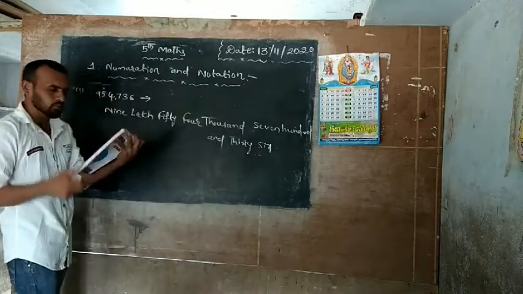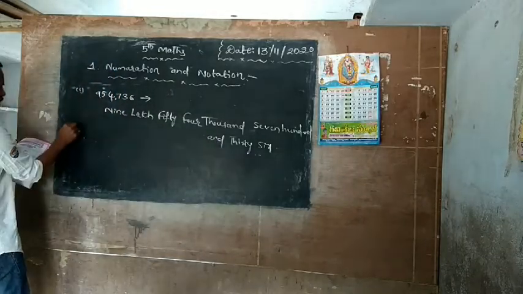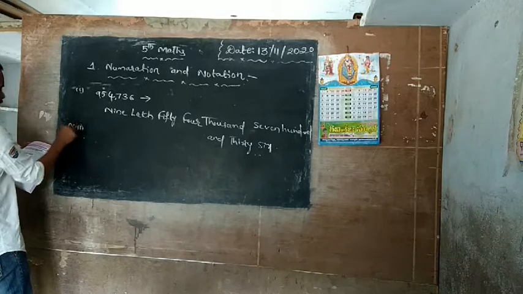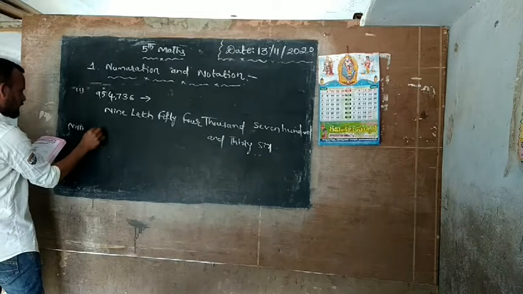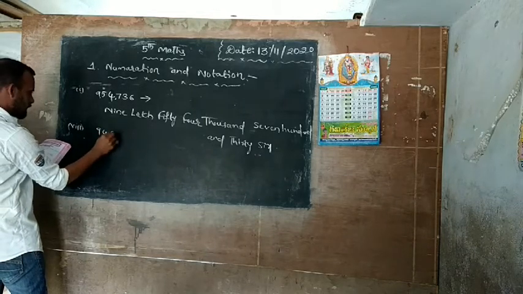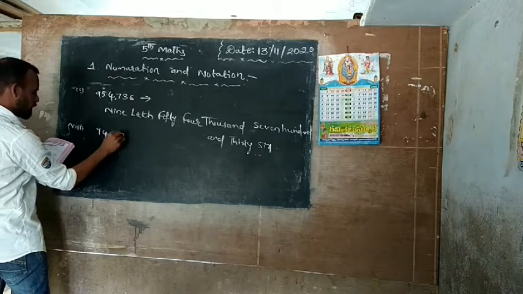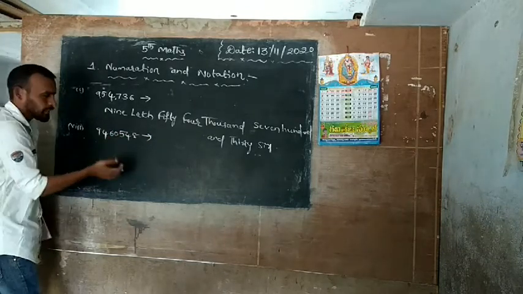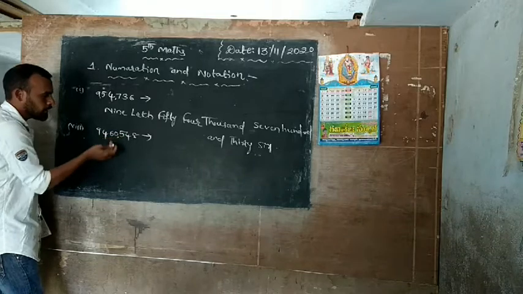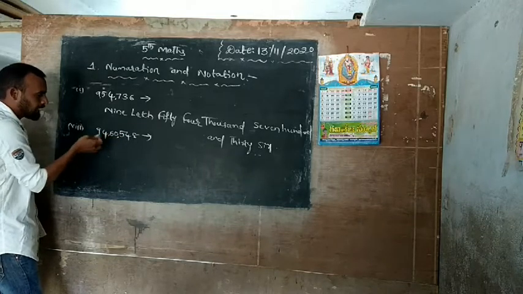So let's explain the last question, the 8th one. See here. Here, in total how many digits are there? 7 digits. So 9460548. See what is the number name? 1s, 10s, 100 before the comma, 1000, 10,000 before the comma, lakh, 10 lakh.